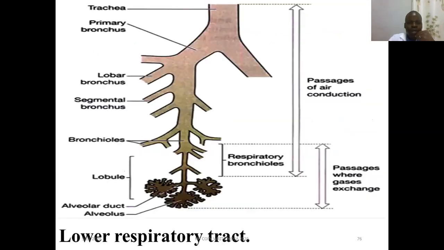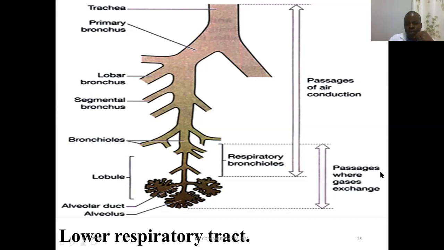So you can see this one is wider and short, but the other one is narrow and long. So you can see we have the trachea, primary bronchus, lobar bronchus, segmental bronchus, bronchus, the lobes, alveolar duct or alveolus, respiratory bronchioles.